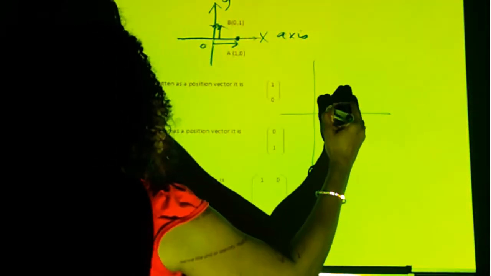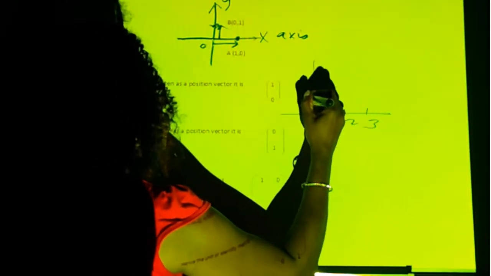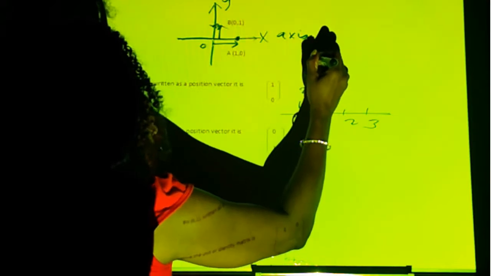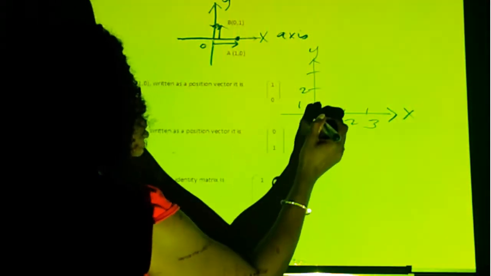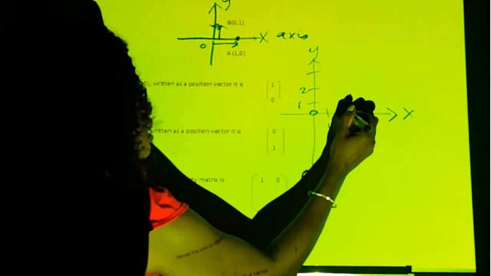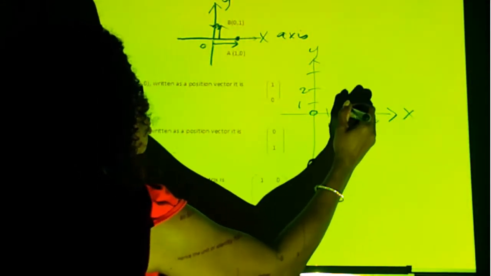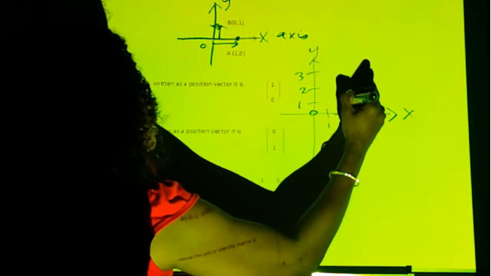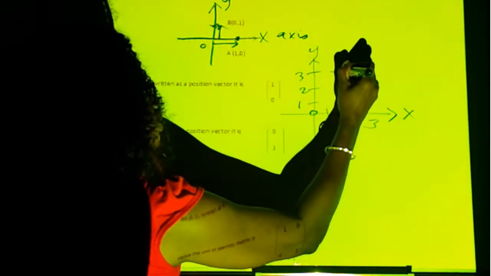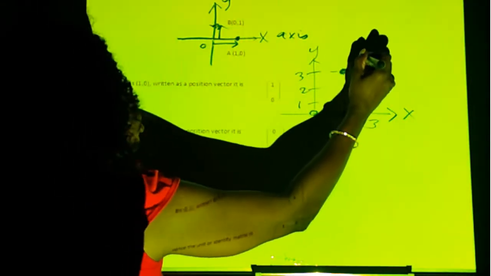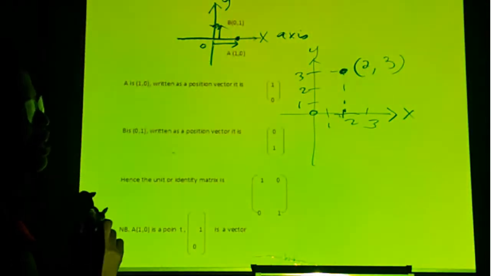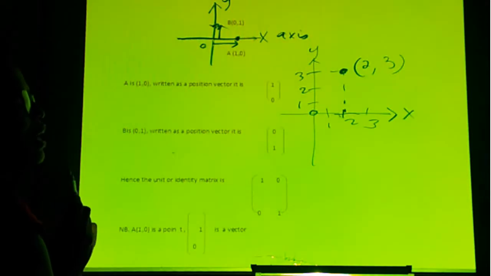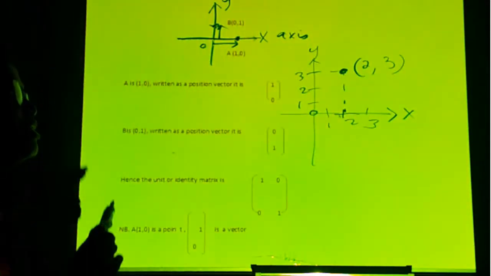Recall that if we have 1, 2, 3, 4, we read out the values on the x-axis first. So this point here is called (2, 3). 2 is the x-coordinate and 3 is the y-coordinate.